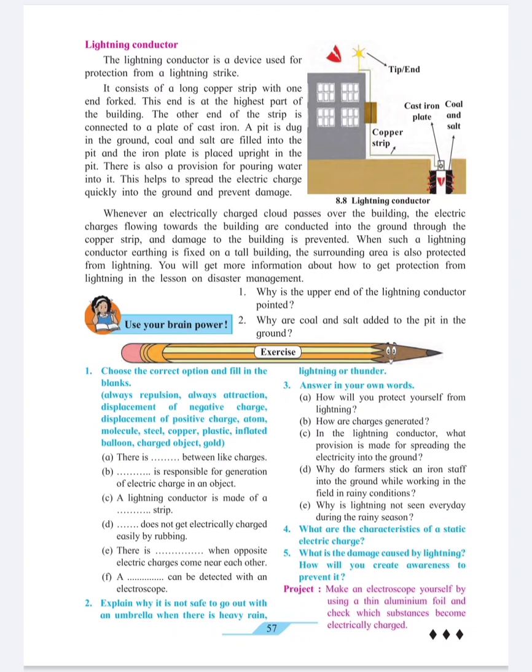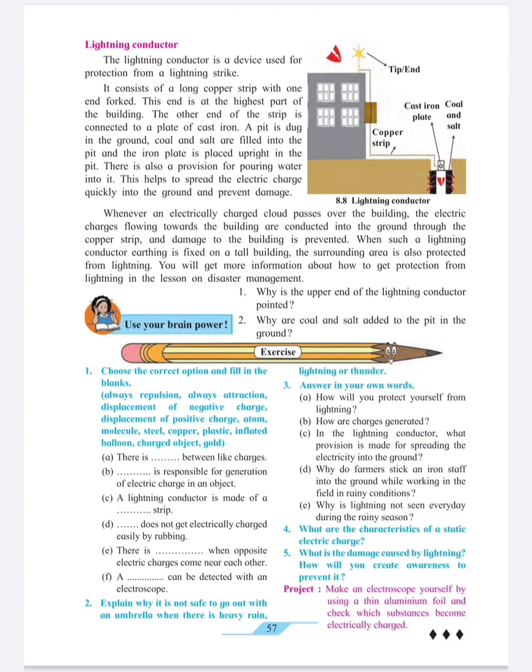For the prevention of lightning strikes falling on tall buildings or tall trees, we can take care to have a lightning conductor fixed on the top floor or on the roof of the building. So if we fix the lightning conductor device on the roof of the building, whatever strike falls will be attracted to the top of the device where it is fitted.